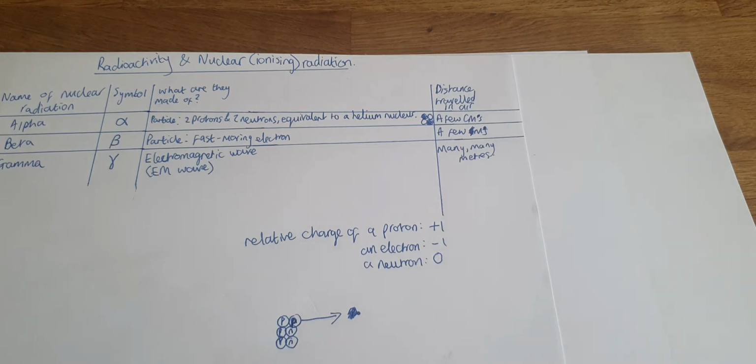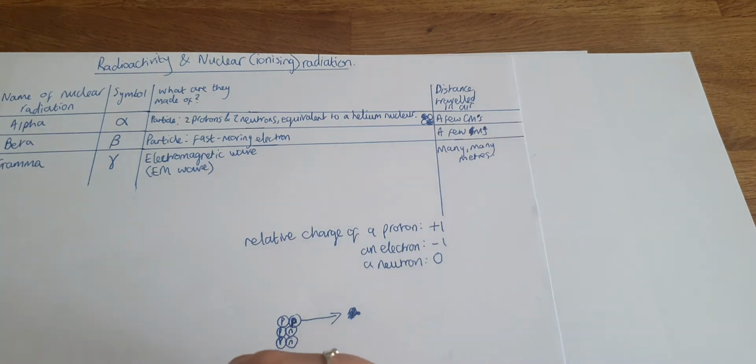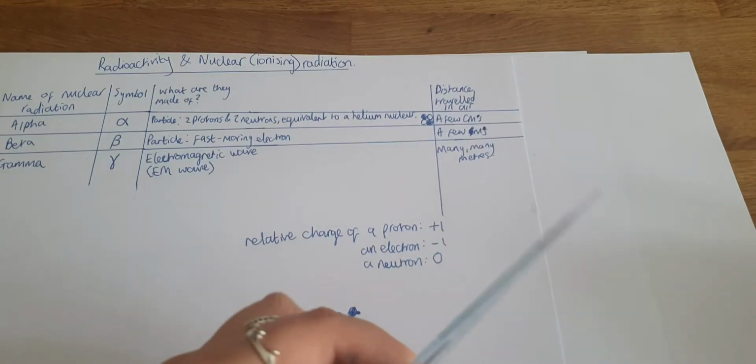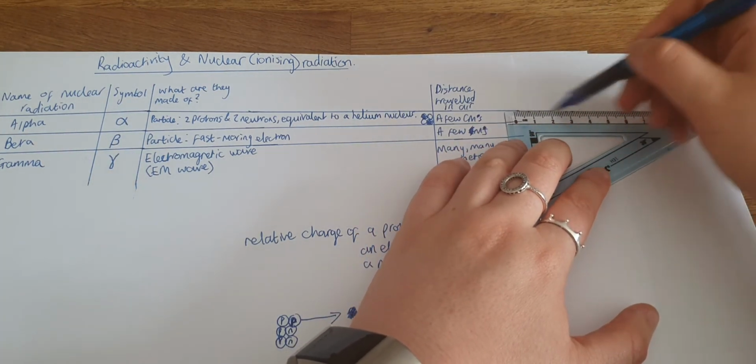For obvious reasons, I can't show you that, so you have to partially take my word for it, but also I would hope that you would go and look on YouTube or the internet for some videos of it happening, because there's undoubtedly many videos out there of the demonstration that I would do. And the demonstration basically shows you what I could use to stop each of the 3 types of nuclear radiation. Obviously, we've already talked about how much air would stop it, but now what actual materials could I use to stop it? So let's just carry it on here.